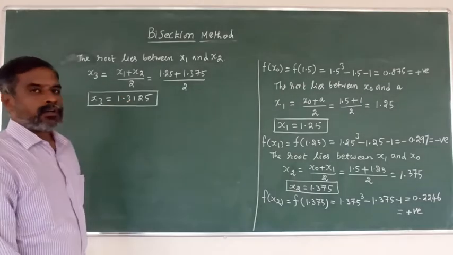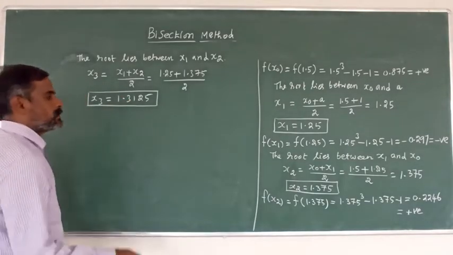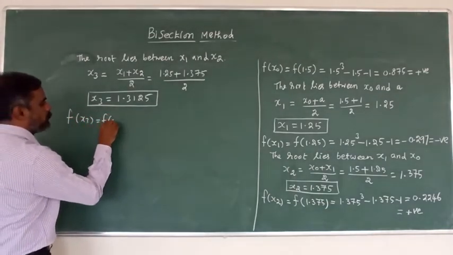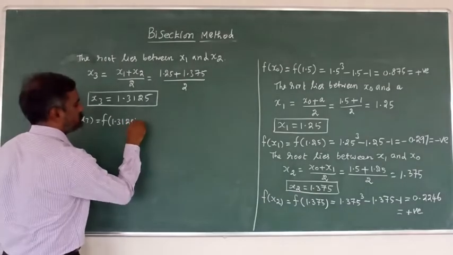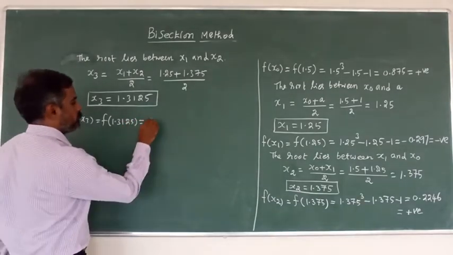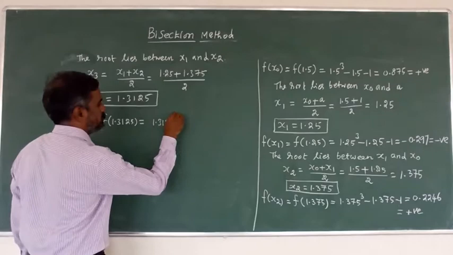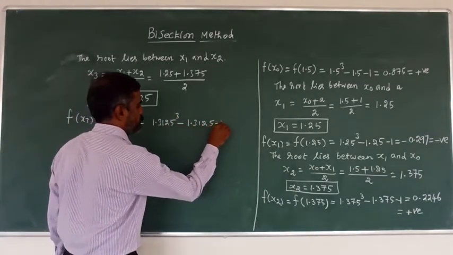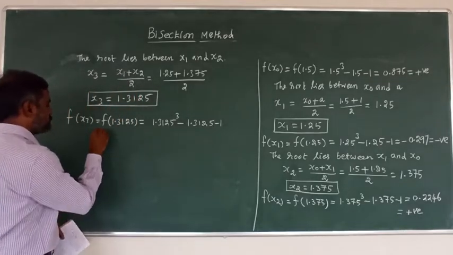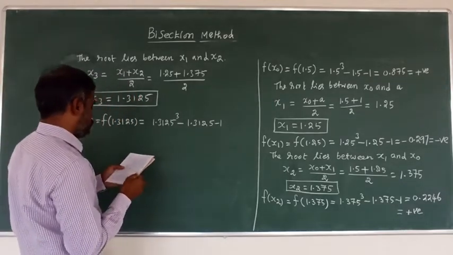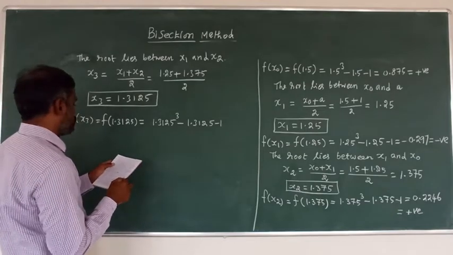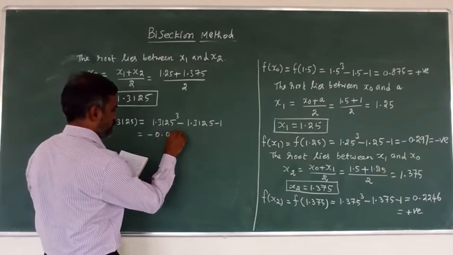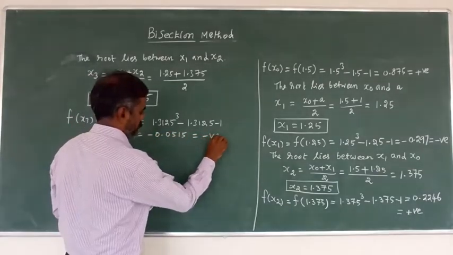Is the x3 value positive or negative? f of x3 equal to f of 1.3125. Now substitute in 1.3125 cube minus x value 1.3125 minus 1. Now to check whether it is positive or not, this gives minus 0.0515, which is a negative result.